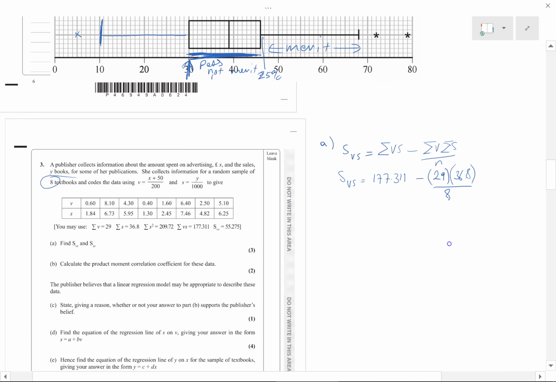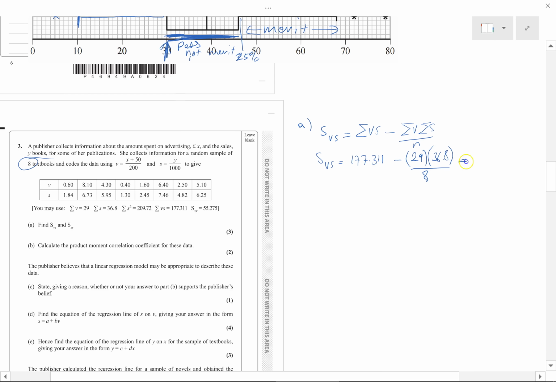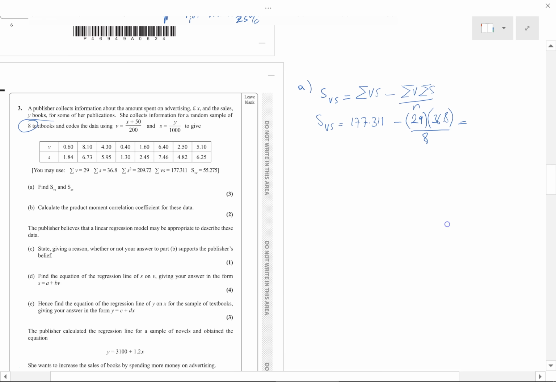That equals 43.911, which is 43.9 to 3 significant figures, which is fine for accuracy. So B, no, it's not B yet. We've still got to work out SSS.